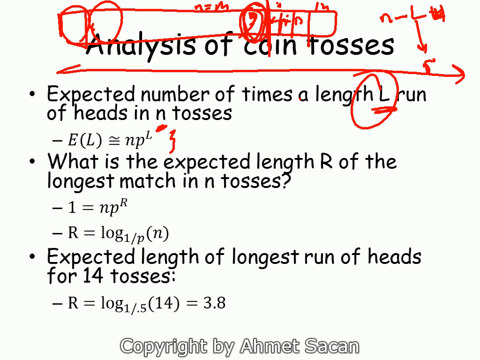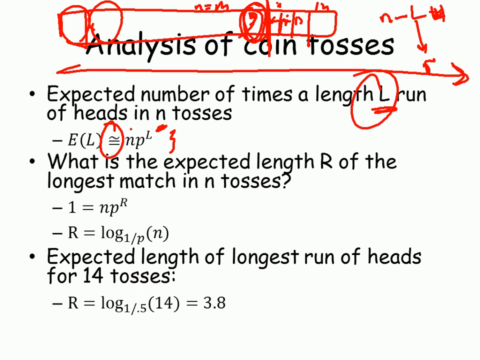A very large number plus or minus a small number doesn't really matter that much. So it'll be approximately the same as using n itself. That's why you approximate it. Instead of saying n minus L plus 1, I'm just writing n here.